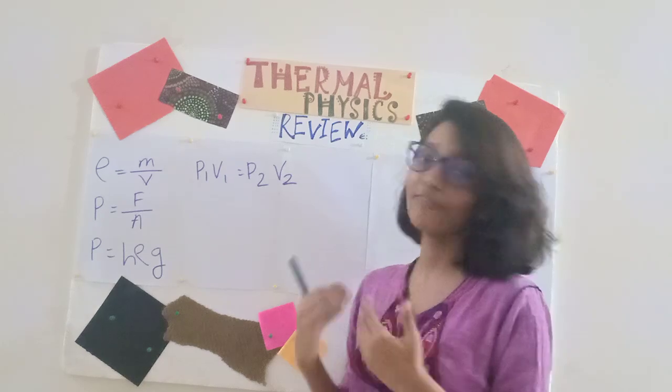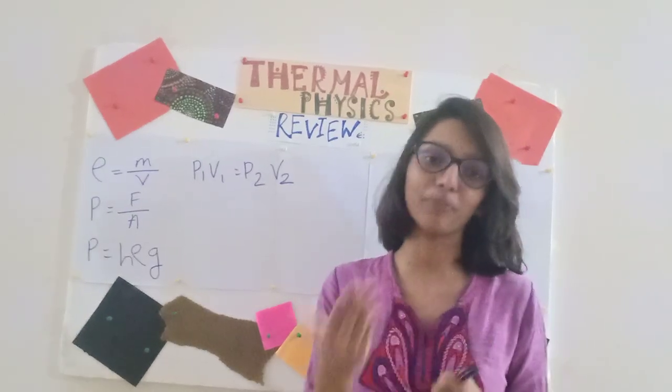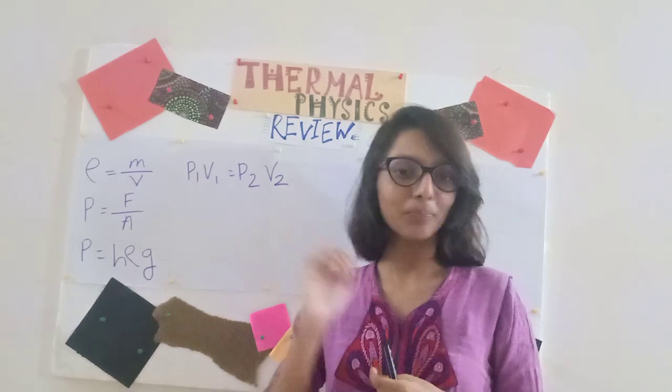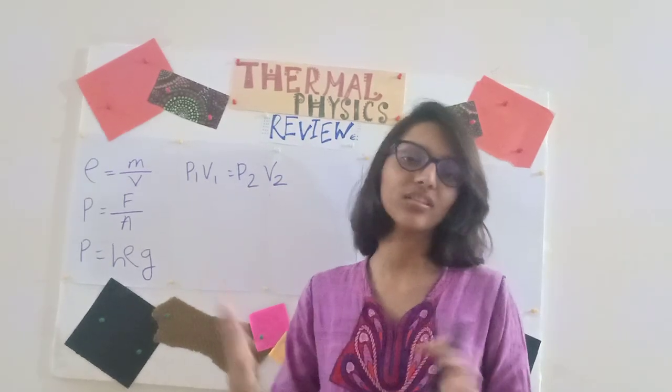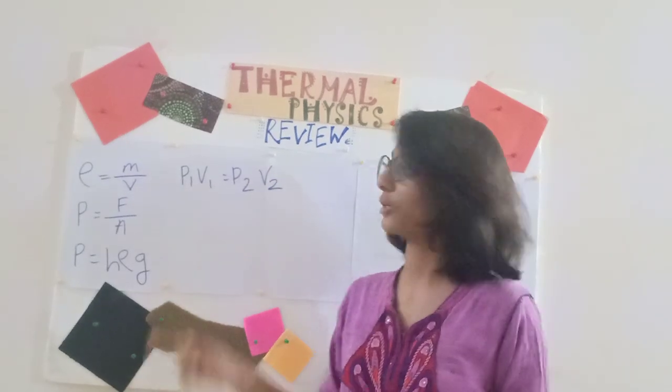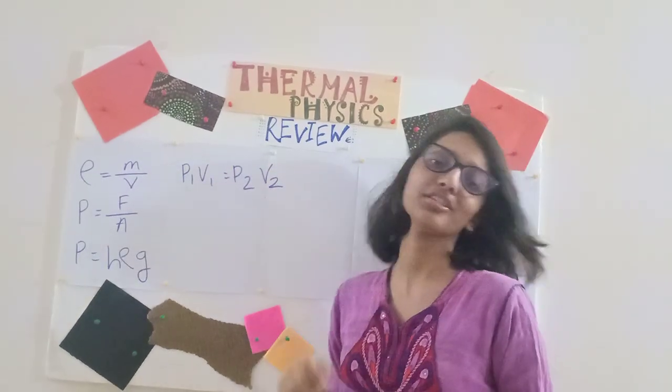Then of course every substance in this world must be compressible. Then why did we say that solids are incompressible, or gases are compressible? According to this equation, every substance must be compressible because a change in pressure will cause a change in volume.